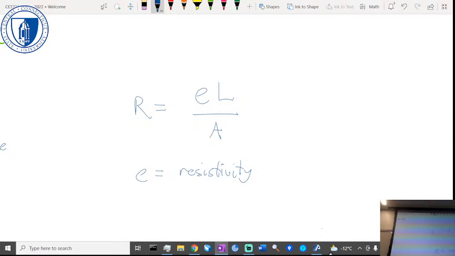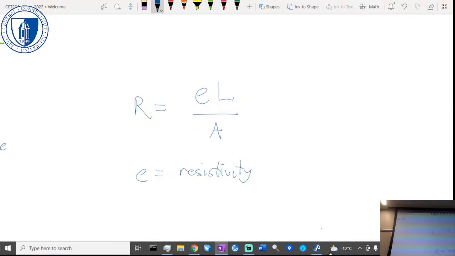And then I can find R1 equals rho 1 L1 on A1, R2 equals rho 2 L2 on A2, and R3 equals rho 3 L3 on A3.